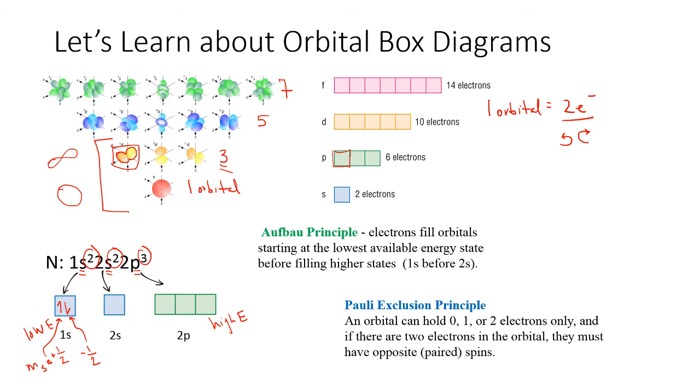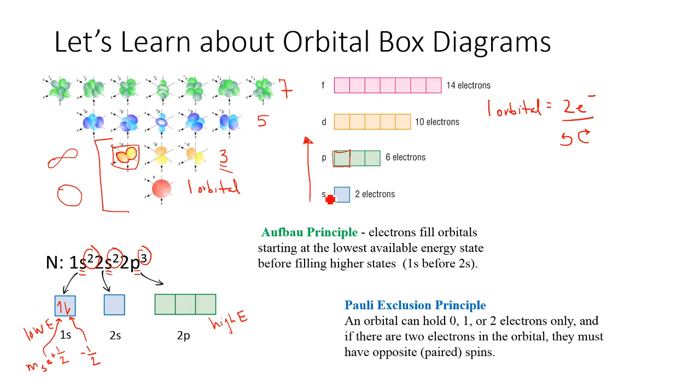All right, so if I want to fill up 2s, I'm going to use the Aufbau principle. I'm going to fill up all of the first energy shell, which I just did. Now I can move to the second energy shell. I have to fill up 2s before I can fill up 2p. I want to fill up the lowest available energy state. I listed these, S, P, D, F, climbing up, because those are the relative energies between these subshells.